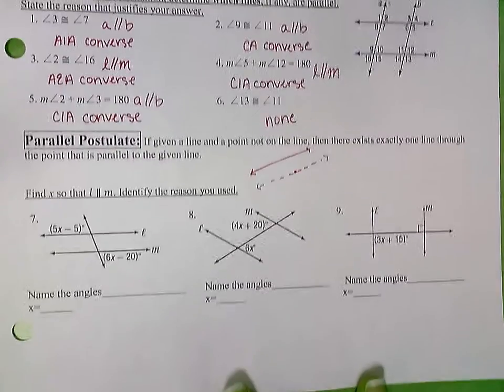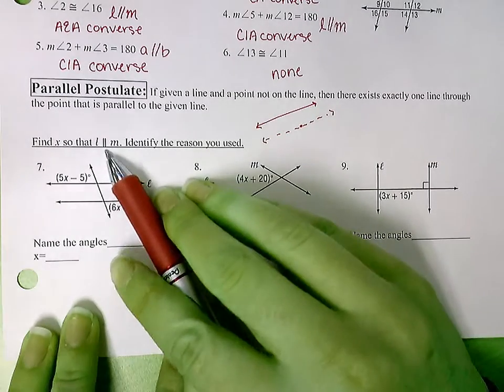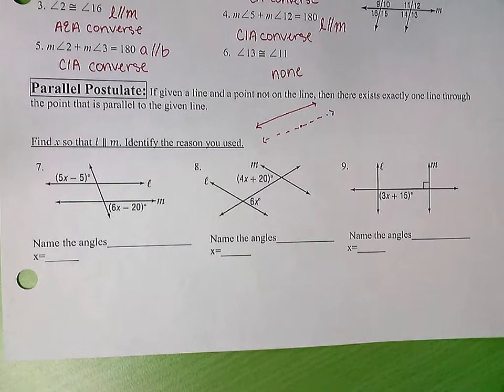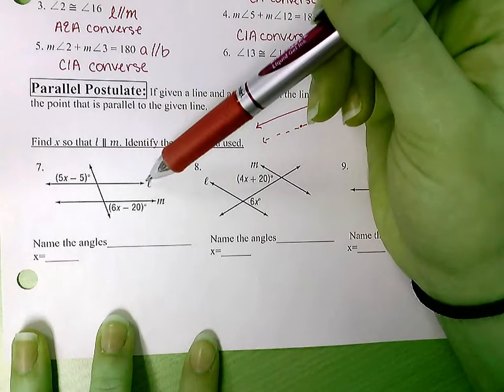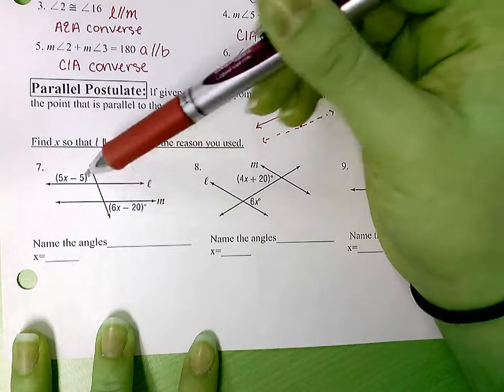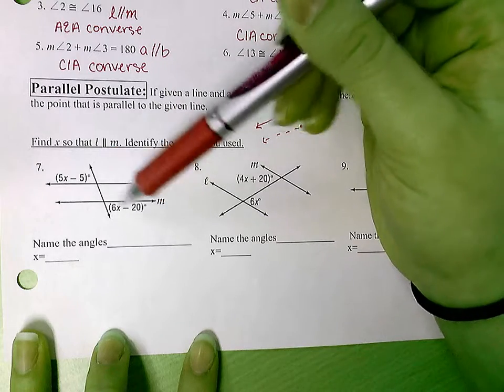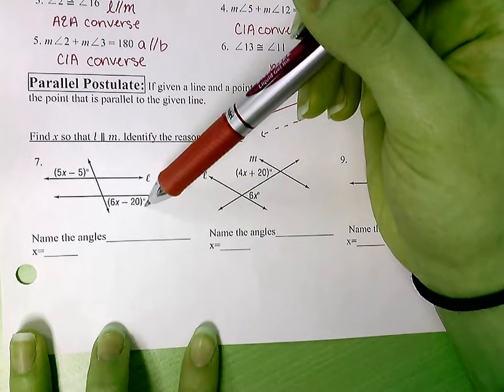All right. Our next examples, we want to find x so that line L is parallel to line M. That's what this symbol means again, parallel. And then we want to identify the reason why those are parallel. So again, the stuff from the top. Proving L parallel to M, these would be alternate exterior angles. If those lines were to be parallel, how could I set up an equation to solve for x?